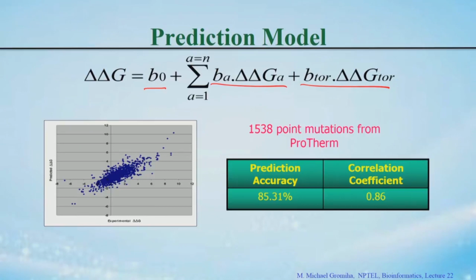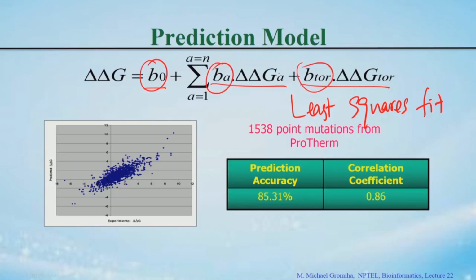Delta G we know, then we use the principle of least squares. Use the least square fit, this will give you this B0, BA and then beta. Once we get these values, then for any data you know the g and g star, substitute the values and you can get delta g.